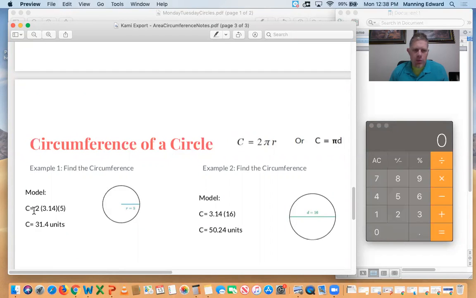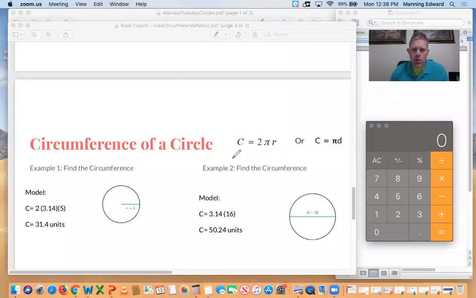So we have circumference. Now it looks like they're using this particular formula. Usually it's easier to use whatever you're given. So if I'm given the radius, why not just use this formula, because that's the one for the radius.